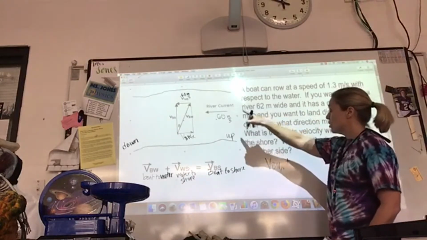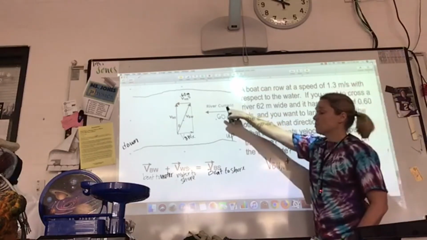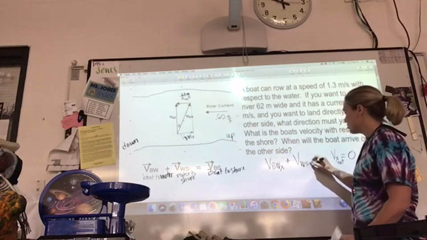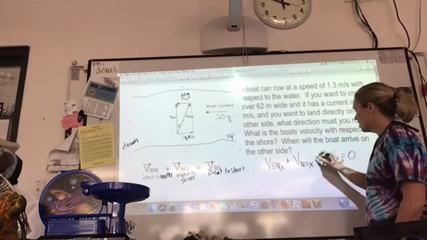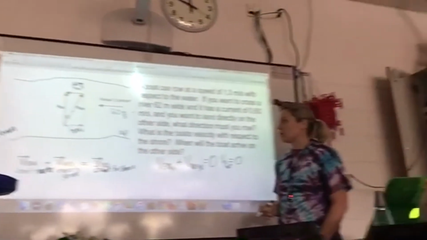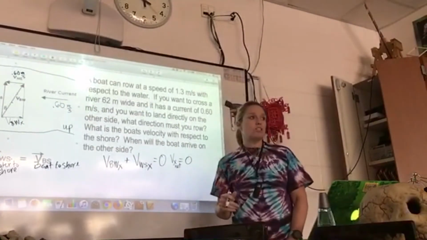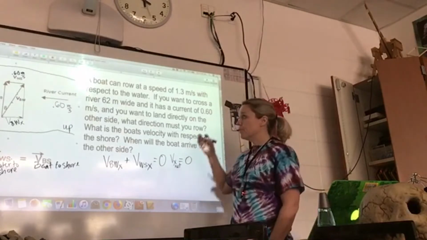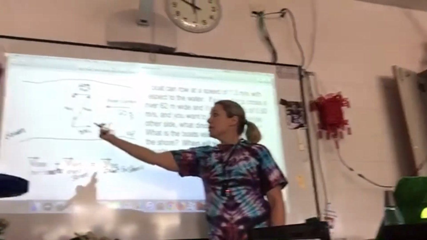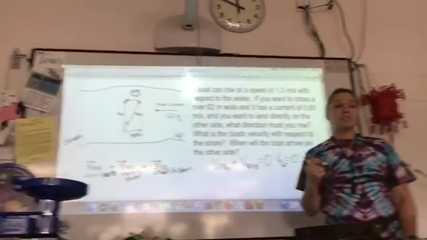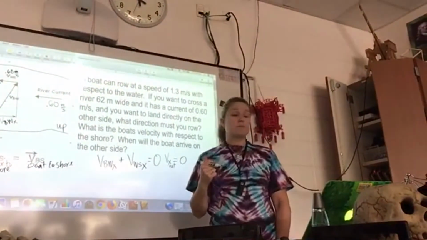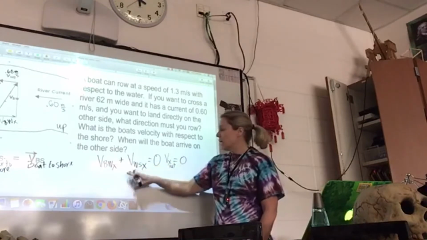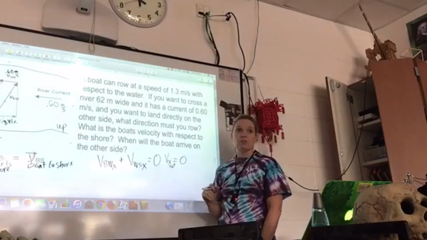And what else is in the x? The current, right? The velocity of the water with respect to the shore in the x direction has to all equal 0. My x's have to undo each other. However much the river is going downstream, my boat must be producing that same velocity upstream. My x of my boat and my x of the water should equal 0.